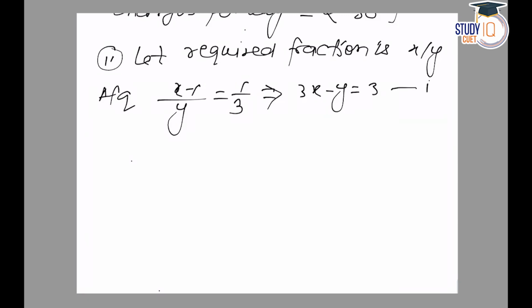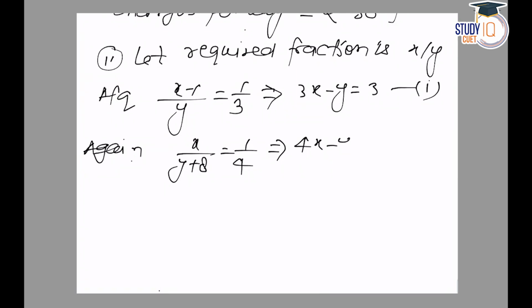That is equation 1. Again, according to the question, if 8 is added to the denominator, then the fraction becomes 1 by 4. So X divided by Y plus 8 equals 1 by 4. So 4X minus Y equals 8, that is equation 2.